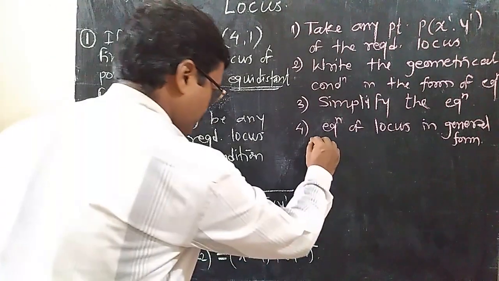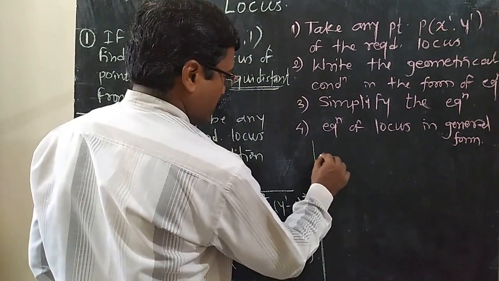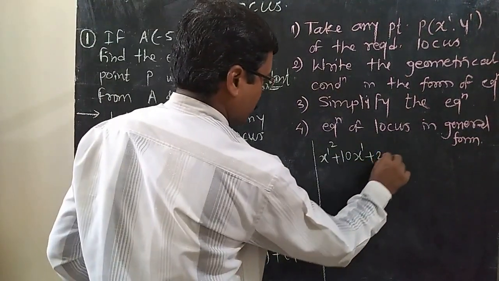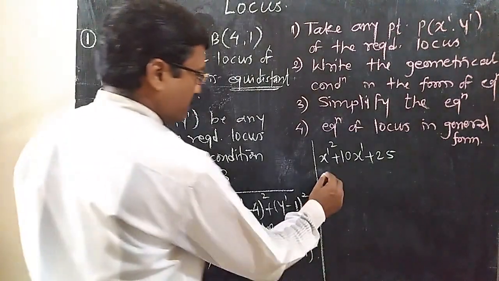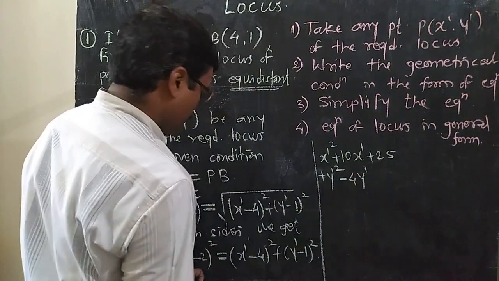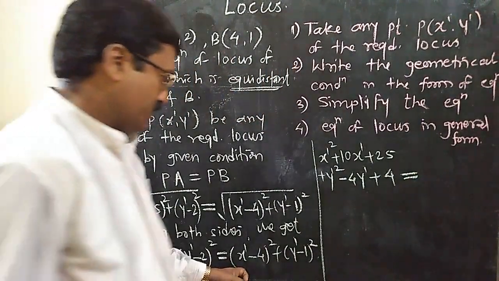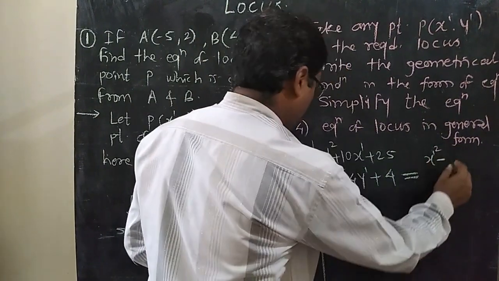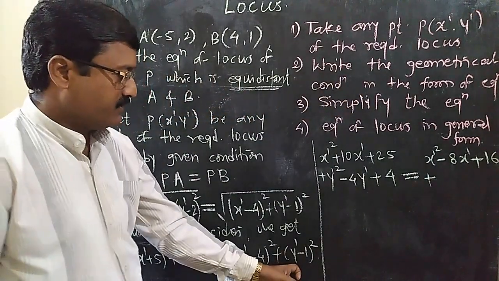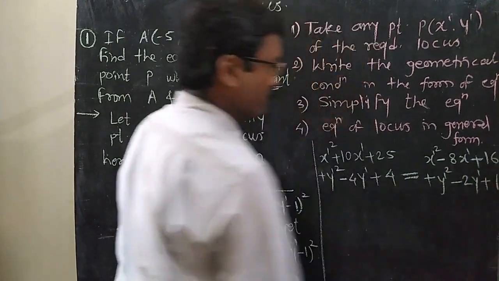Now let us simplify this, so that we get x' square plus 10x' plus 25 plus y' square minus 4y' plus 4, and this is equal to x' square minus 8x' plus 16 plus, square of this, y' square minus 2y' plus 1.